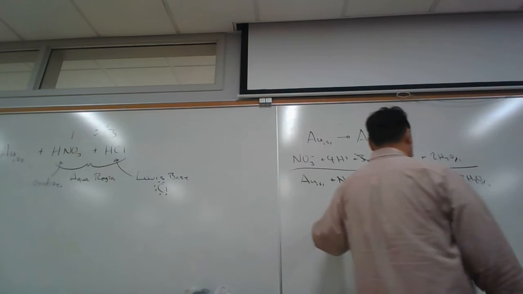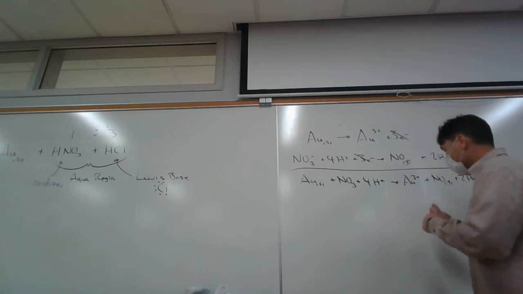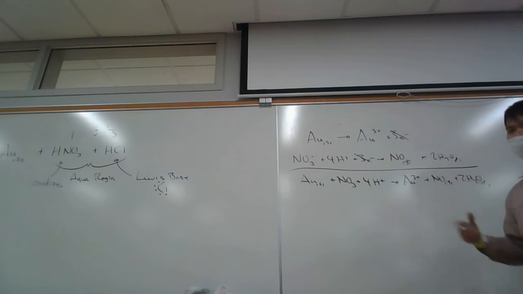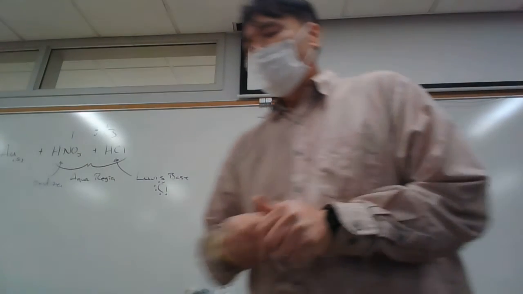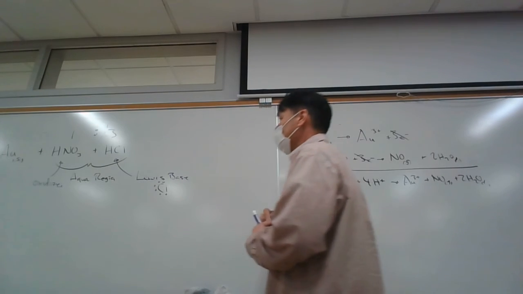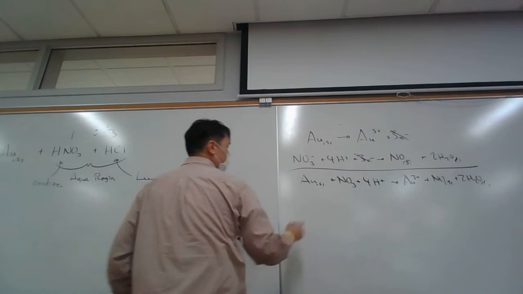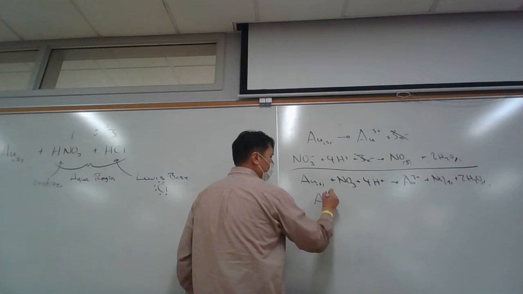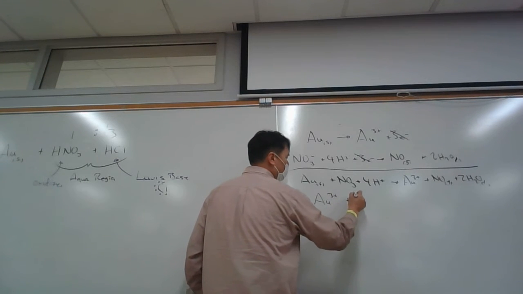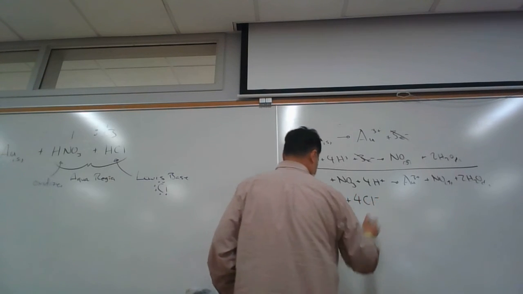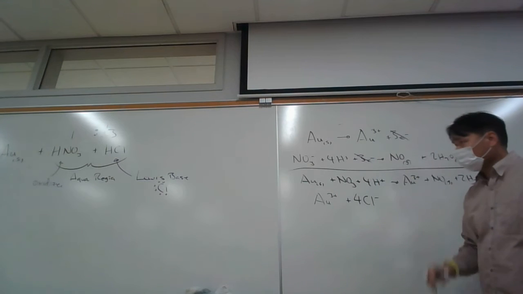And there's just not enough of these high energy species to accomplish it. So what's going to happen is if gold-3 is formed, then the chloride in HCl is going to attack it. The gold-3 ion gets attacked by 4 chlorides, like this.